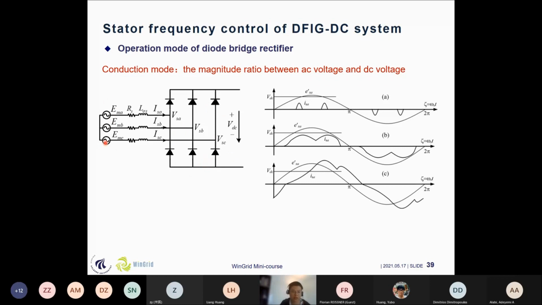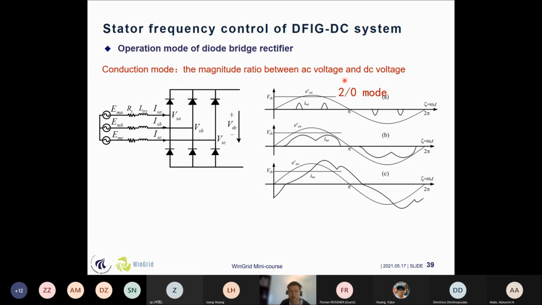This is the air gap electromotive force, and this is the stator side resistance and leakage inductance. The diode bridge conduction mode is determined by the ratio between the AC voltage and the DC voltage, and these are some of the waveforms.